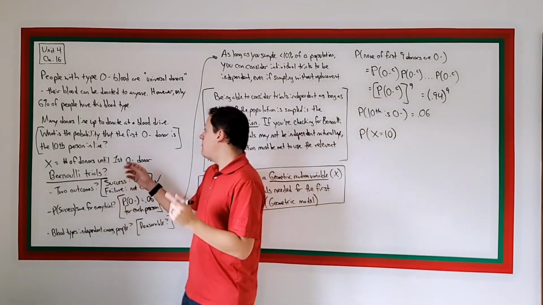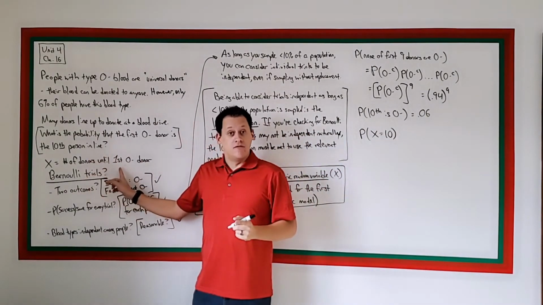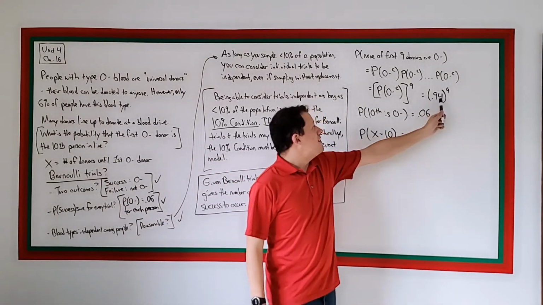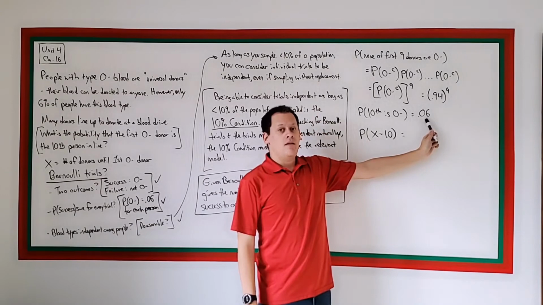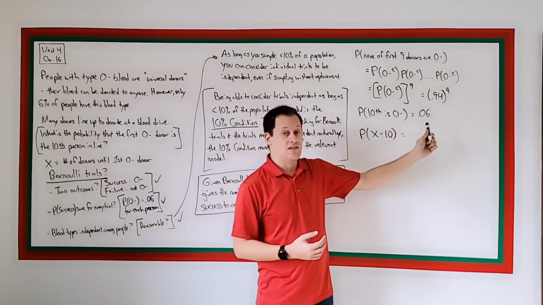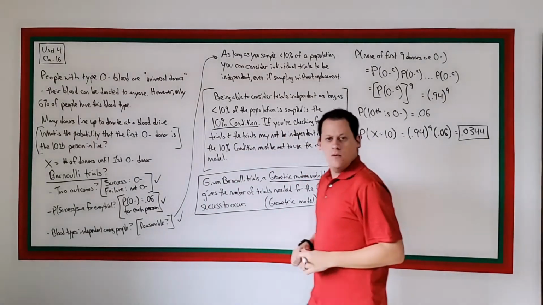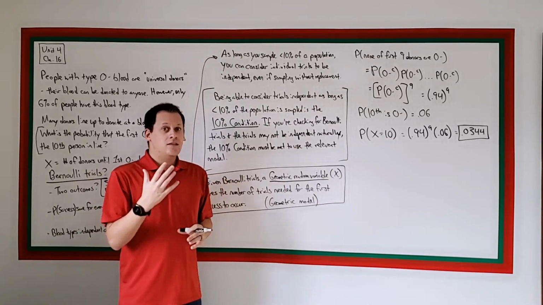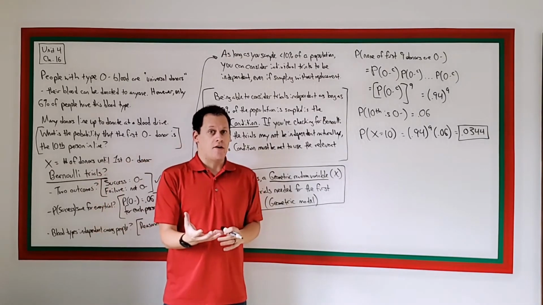That it takes 10 people until you get the first O negative donor. And that's going to be equal to, we need this and this to happen, and these events are independent. So we multiply these two things together. 0.0344.